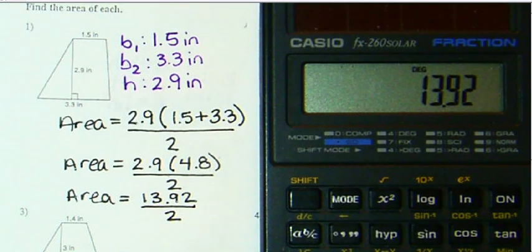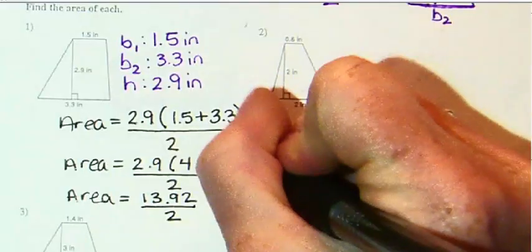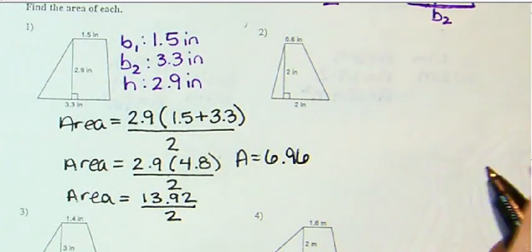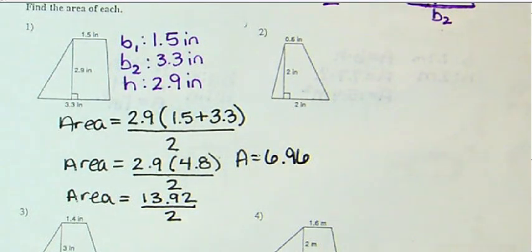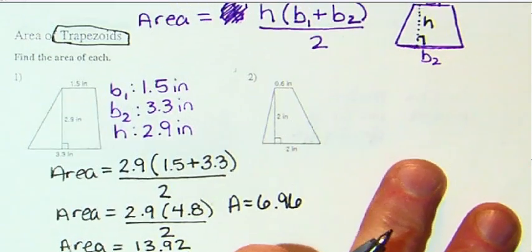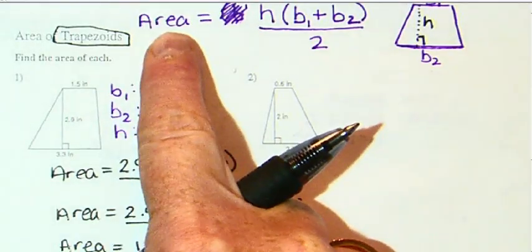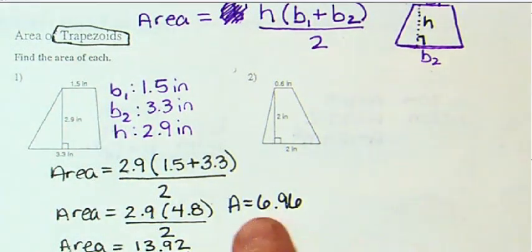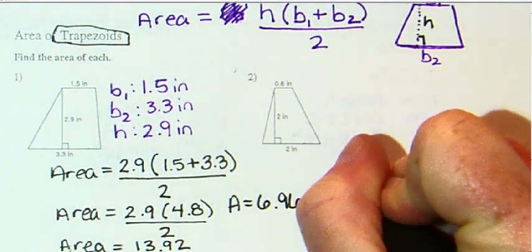Take that value, divide it by 2, and our area is 6.96. Area equals 6.96. Just like what we said with our parallelograms, our rectangles, our squares, and our triangles, when you are calculating area, your area will always be units squared. My units were inches, so my area is 6.96 inches squared.